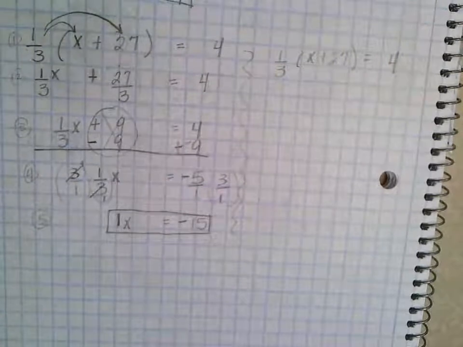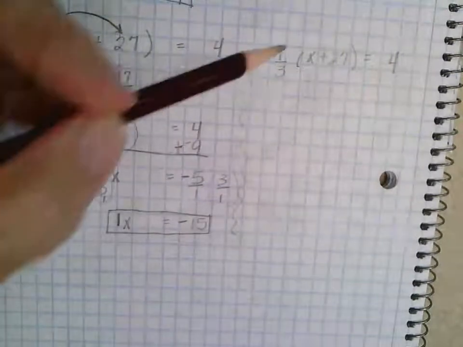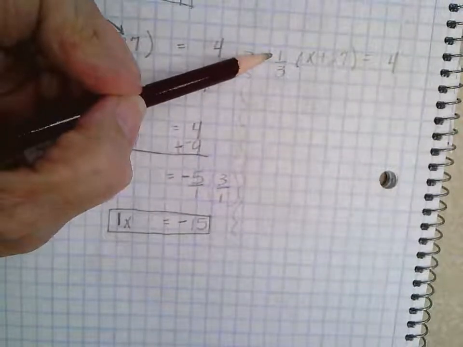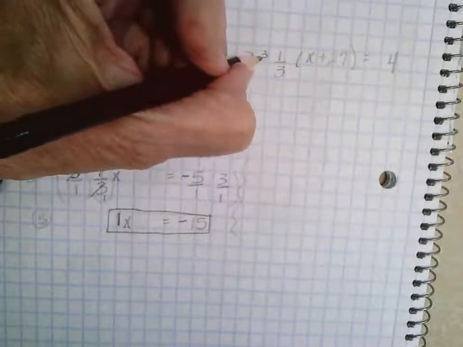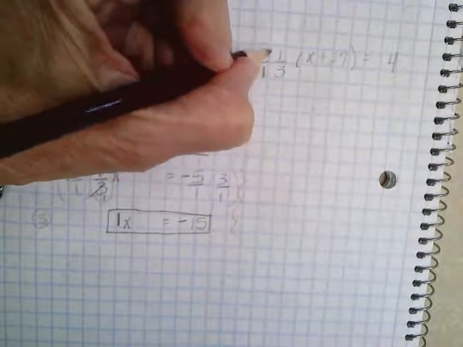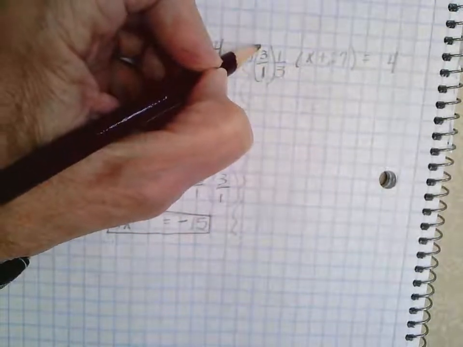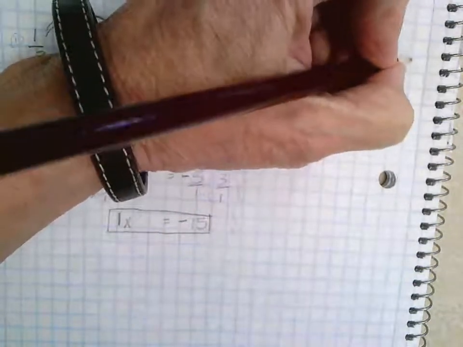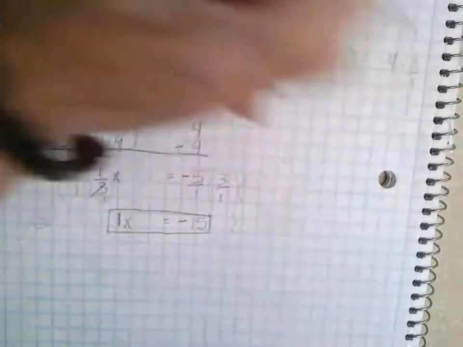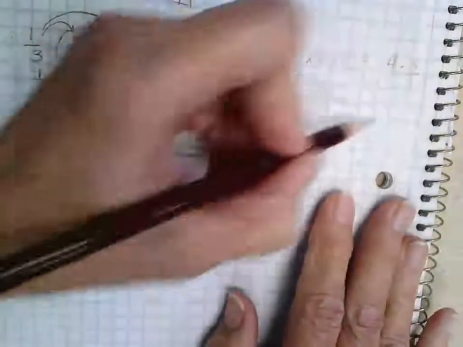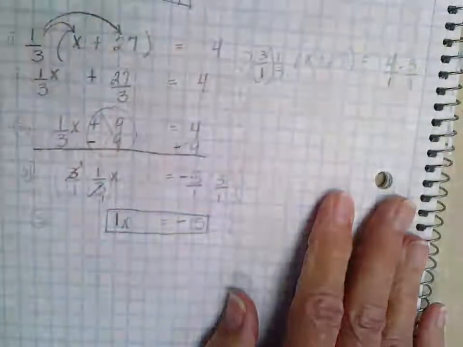Another way to solve this, when you have a fraction outside of parentheses, to avoid dealing with this fraction, we can multiply this side by the denominator, 3, and we can multiply this side by the denominator, which is 3, or 3 over 1.